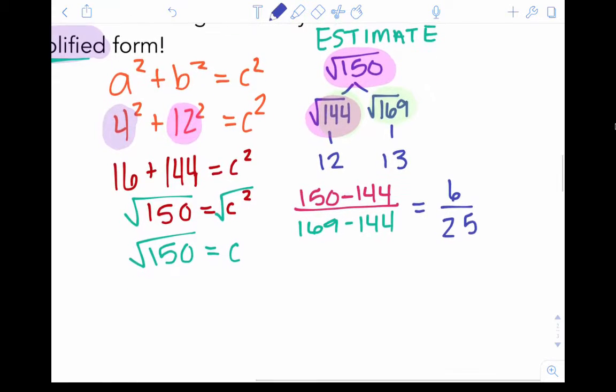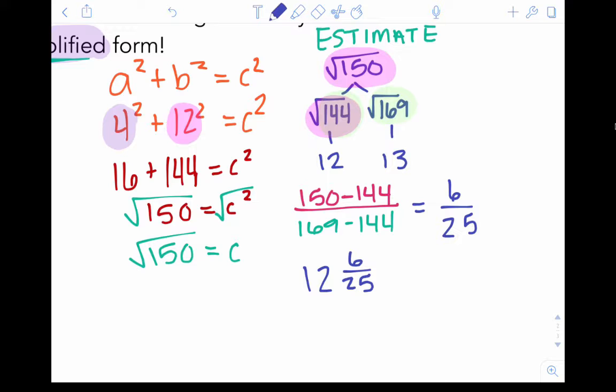So I know that the square root of 150 is 12 and 6/25. I know that because it's between 12 and 13. And then the 6/25 tells me the decimal portion of this problem.